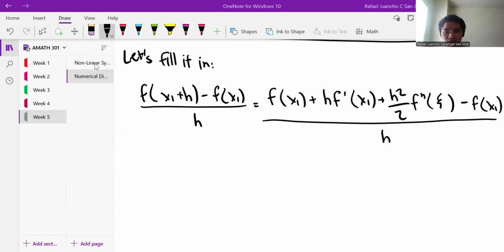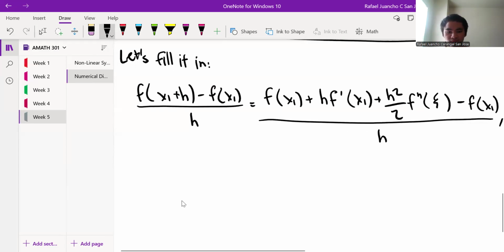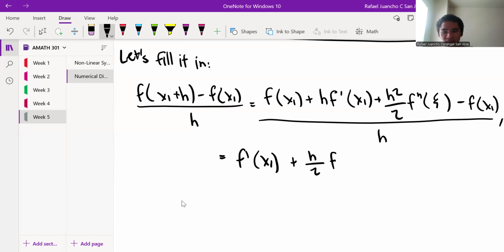Okay. And then here we say that thing is an element of a vector, I believe, that consists of these things. And then here we just say, okay, f prime of x sub 1 plus h over 2 f double prime, I think, of this error thing.